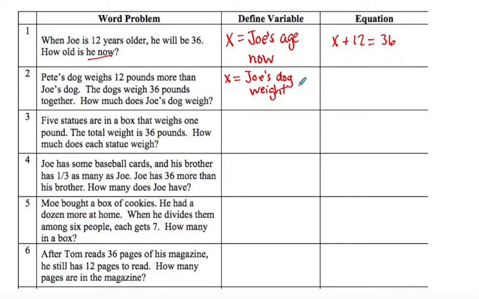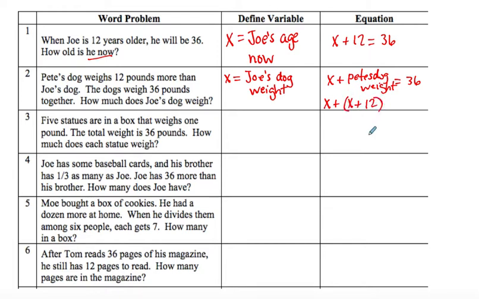So we know that Joe's dog's weight, which is x, plus Pete's dog's weight equals 36. The thing with Pete's dog, though, is that it's 12 more than Joe's. So if Joe's is x, then I would have Joe's plus 12.